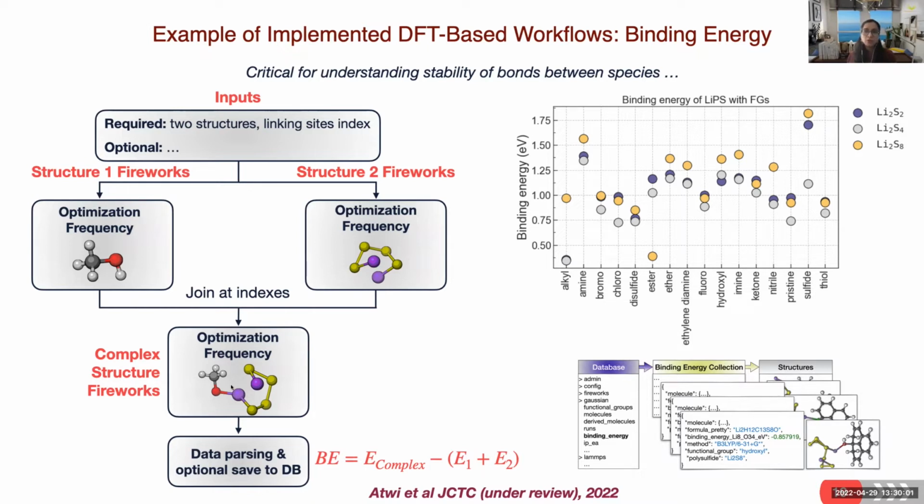We again perform optimization and frequency calculation, and many of these steps can be skipped, so the workflows are very flexible. Finally, we compute the binding energy, which is stored in its own collection in the database. We recently used this workflow to identify functional groups that should be attached to a solid surface to bind electrolyte species, and I'll talk about these results later in the presentation.